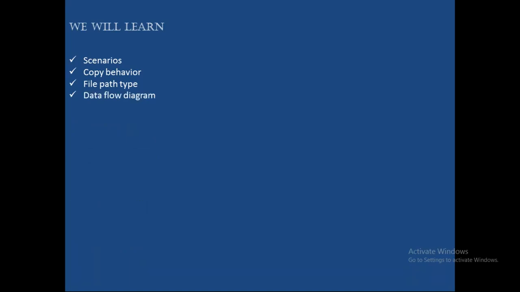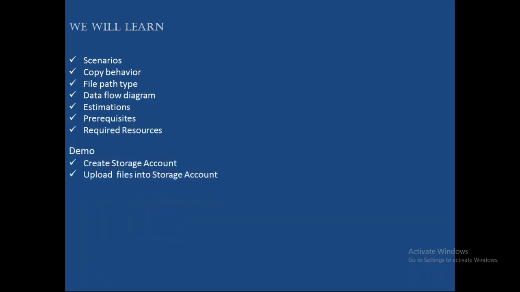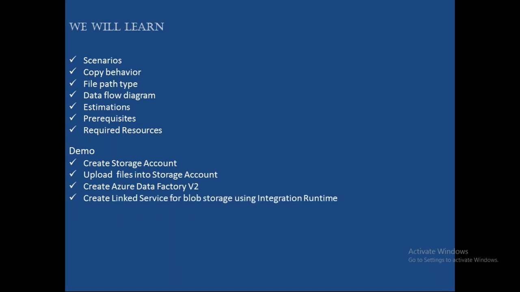Then we are going to see the data flow diagram, a simple copy activity data flow diagram. Estimations we will do, prerequisites and required resources, as you know. With respect to the demo, we will create the storage and upload files into the storage account. Then we will create Azure Data Factory v2 and the linked service for blob storage using integration runtime. Then we will create multiple data sets.